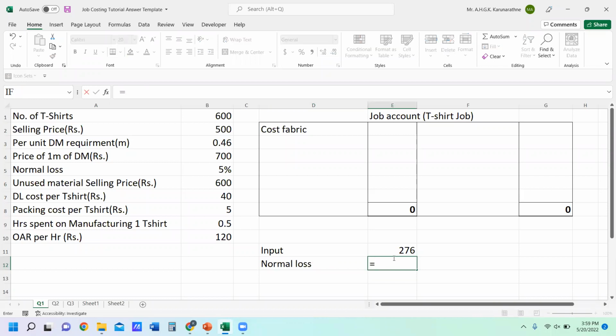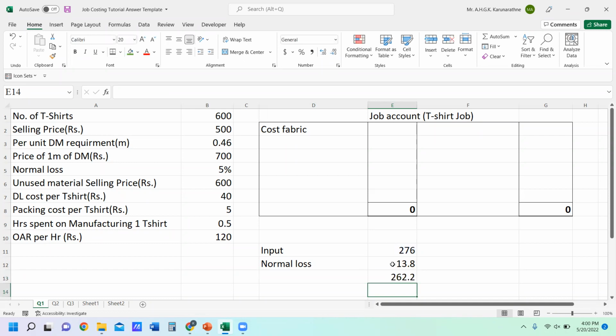Normal loss is how much? Input times 0.05. So you will only effectively use the difference for your manufacturing.